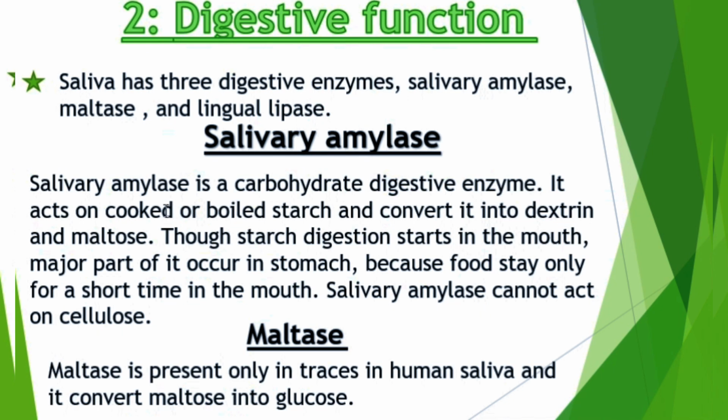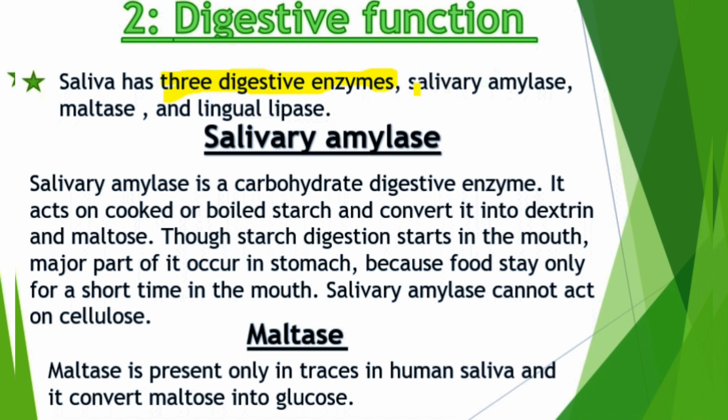Now the second function, which is very essential and important in the digestive system, is the digestive function. Saliva has 3 digestive enzymes. So what are these 3 digestive enzymes?